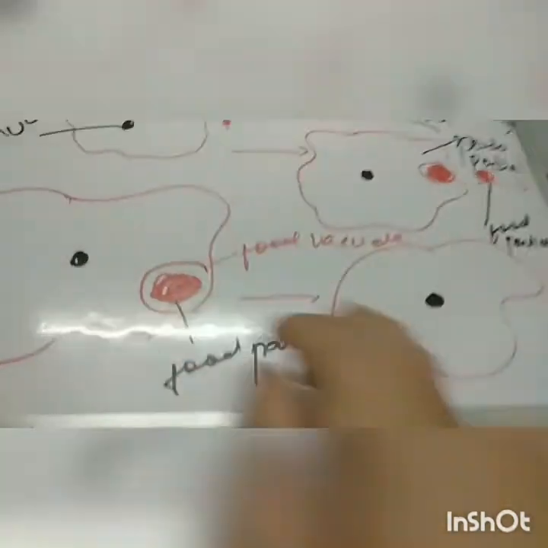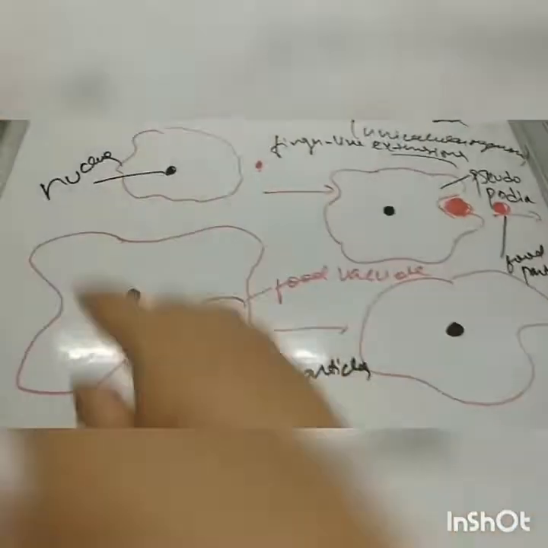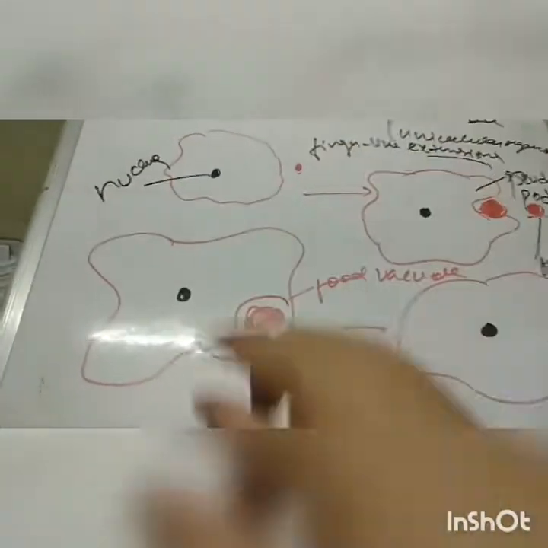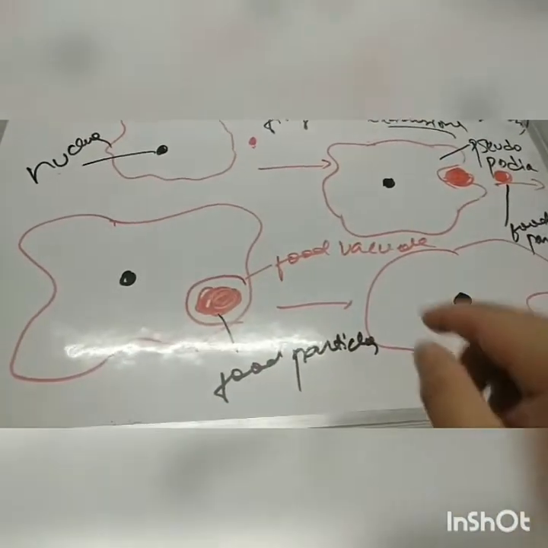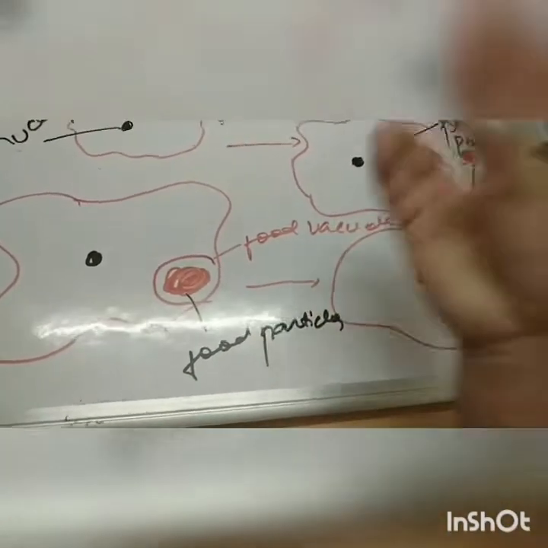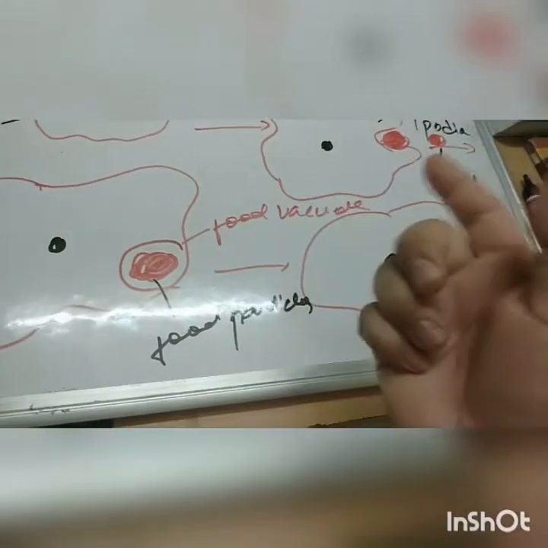So this whole process is very important in the nutrition of amoeba. You will learn about this in higher classes, but as for class 10, this is how the small microscopic unicellular organisms are able to take their own food.